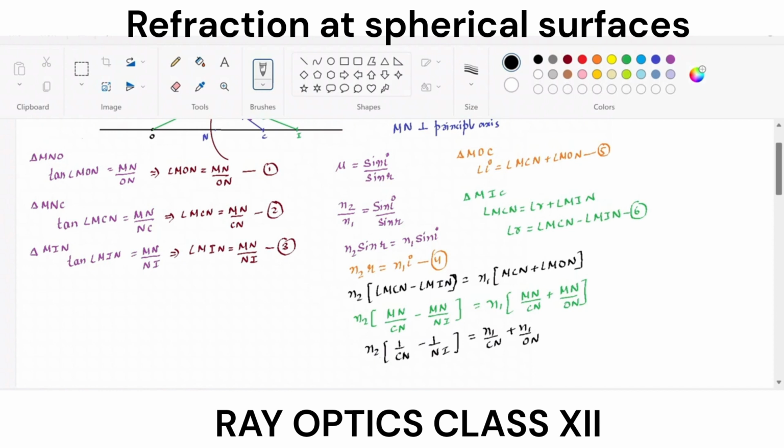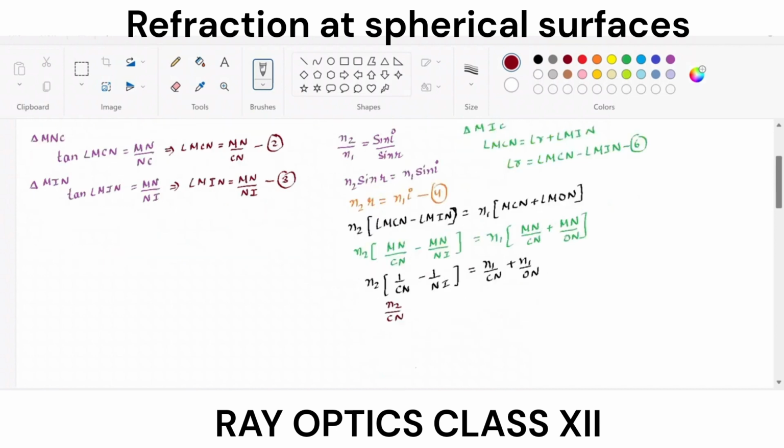Let's take this n2 upon CN on the left hand side and n1 upon CN on the left hand side as well. So it will be n2 upon CN minus n1 upon CN on the left hand side, and n1 upon ON plus n2 upon NI on the right hand side.